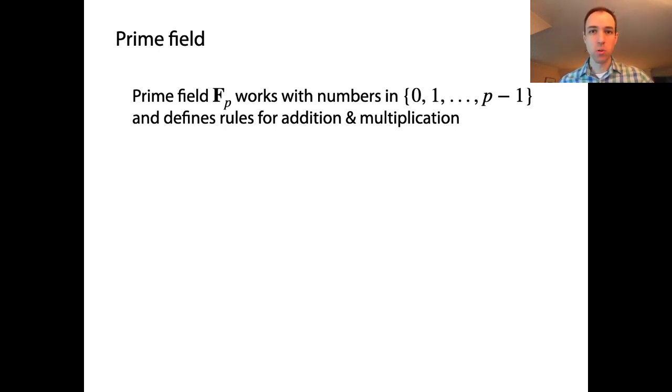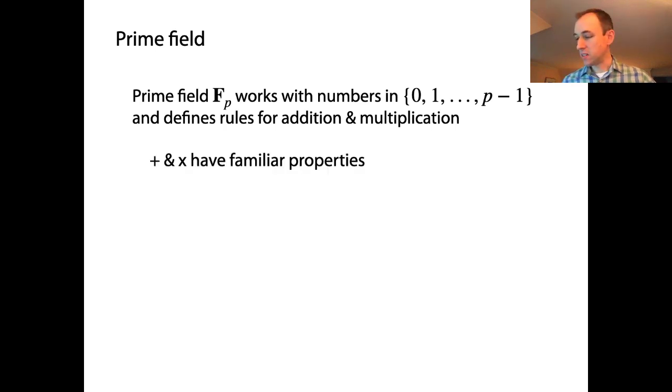So these rules will in some ways mimic the usual addition and subtraction, except that we have to do them in a modular way. There's a kind of wrapping around, almost like the hands of a clock, so that when we do addition and multiplication of 2 of these numbers in this set, we're going to get a third number also in this set, which might mean we have to wrap around.